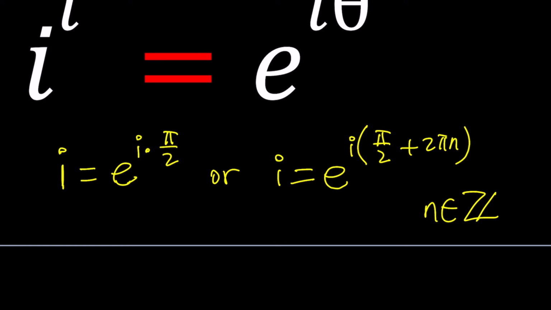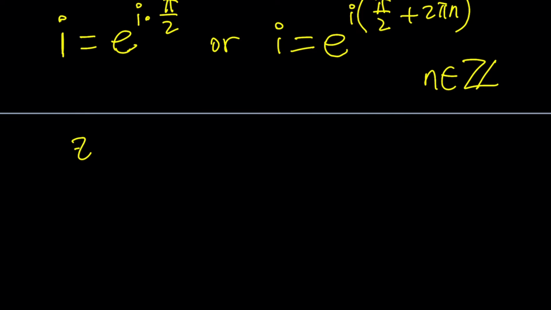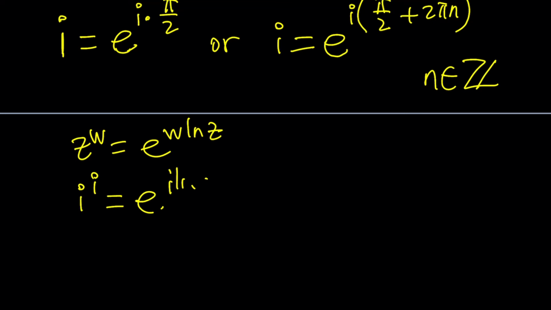Now, what is i to the i then, right? Well, we have an identity, which is z to the w is e to the power w ln z, ln being the complex logarithm. We'll talk about that too. So i to the i is basically going to be e to the power i ln i. But the next thing we need to talk about is how do you find ln i, right?